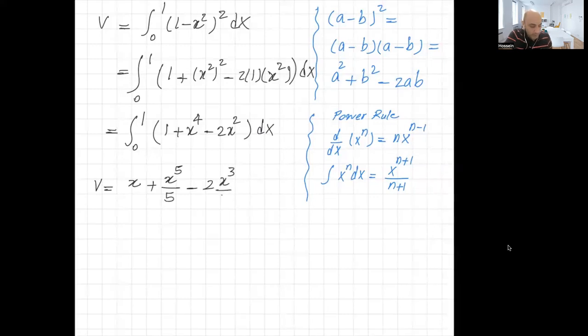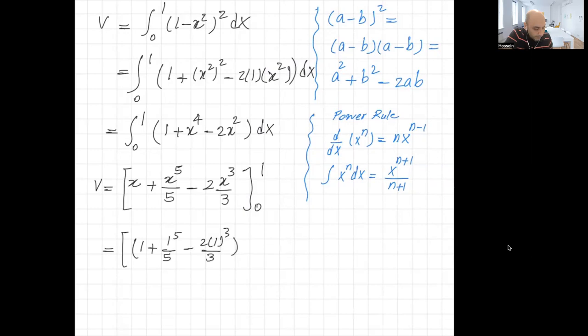And then the limit is from 0 to 1. This is a definite integral, so if we put the limits, I'm going to have 1 plus 1 to the fifth divided by 5 minus 2 times 1 cubed divided by 3, minus, if we put 0, all these three terms become 0. So 0 plus 0 minus 0.